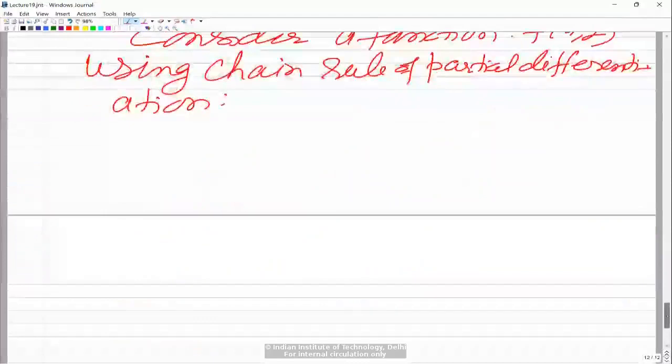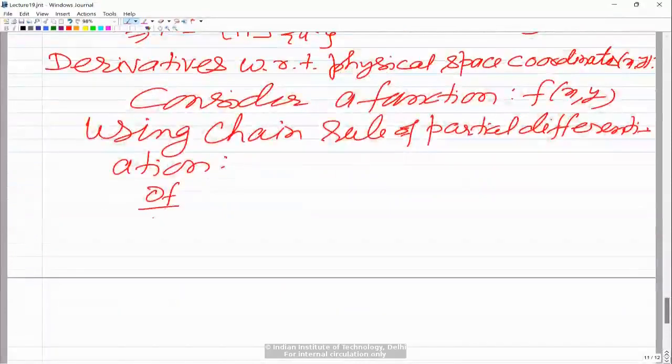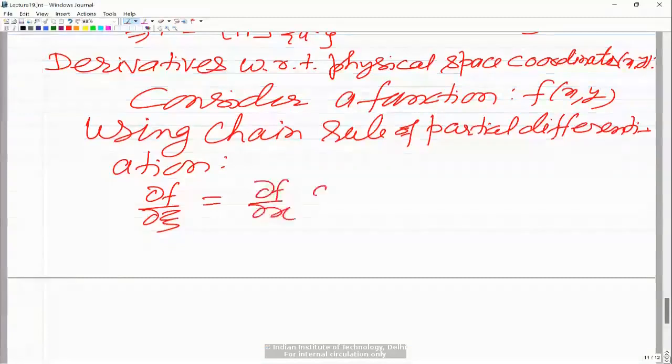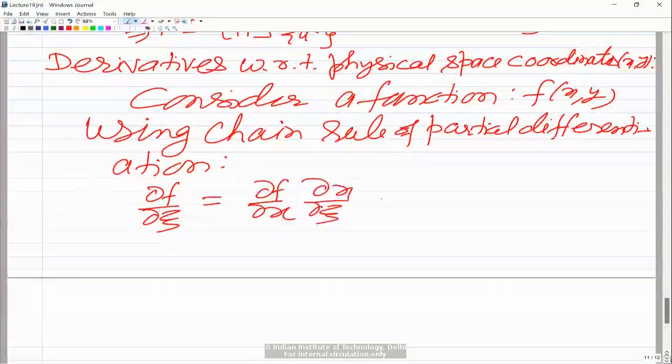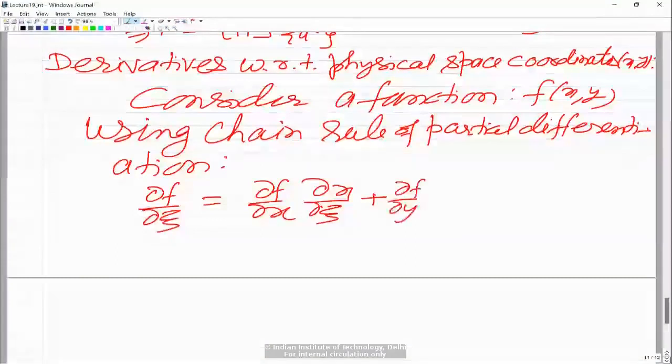I can write del f, the derivative of function f with respect to xi. F is an explicit function of x and y, so I can differentiate it with respect to x, but then x is a function of xi, so I will have del x by del xi. F is also a function of y and y is a function of xi, so del f by del y into del y by del xi.